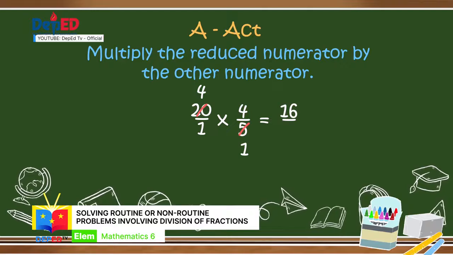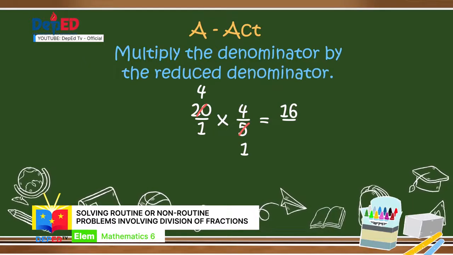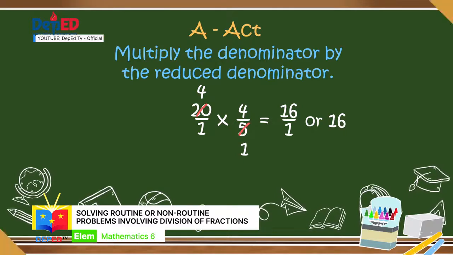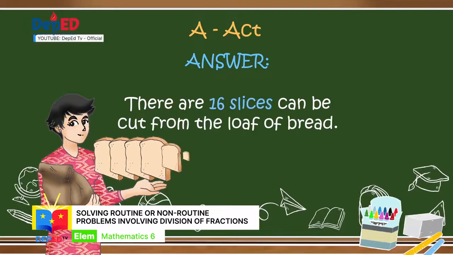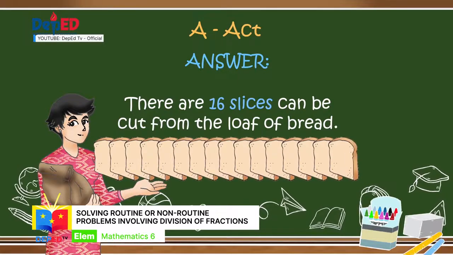Also, multiply the denominator by the reduced denominator. 1 times 1 equals 1. Now, we have 16 over 1 or 16. It means 20 divided by 1 and 1/4 is equal to 16. To answer the problem, there are 16 slices that can be cut from the loaf of bread.